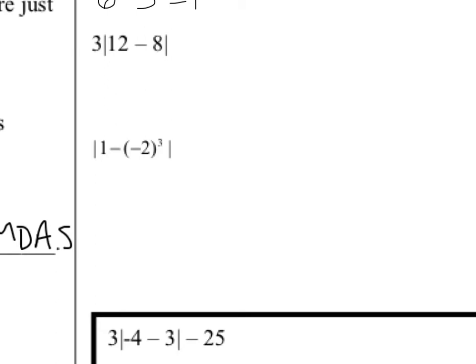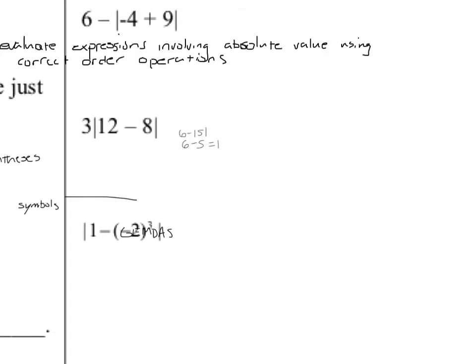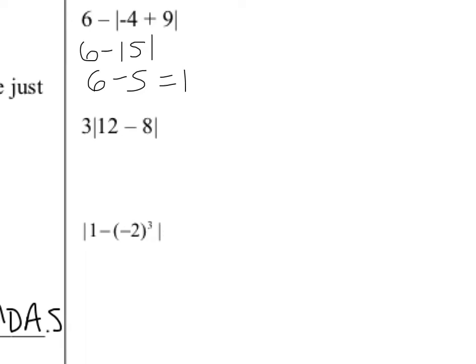Oh, sorry, Jesslyn. -4 plus 9. Those are like arrows going in opposite directions. Any more questions or extra clarification needed?